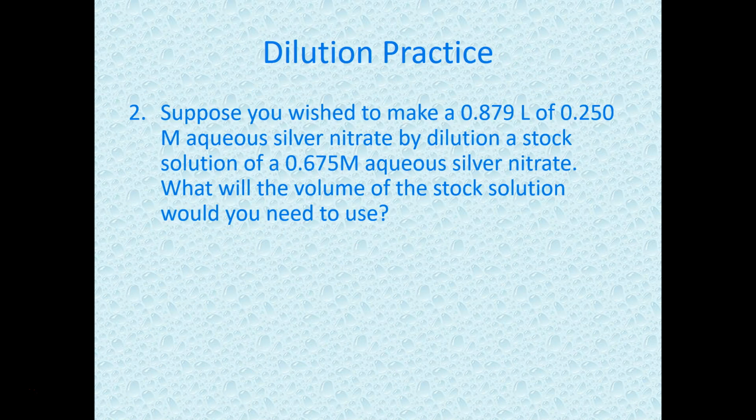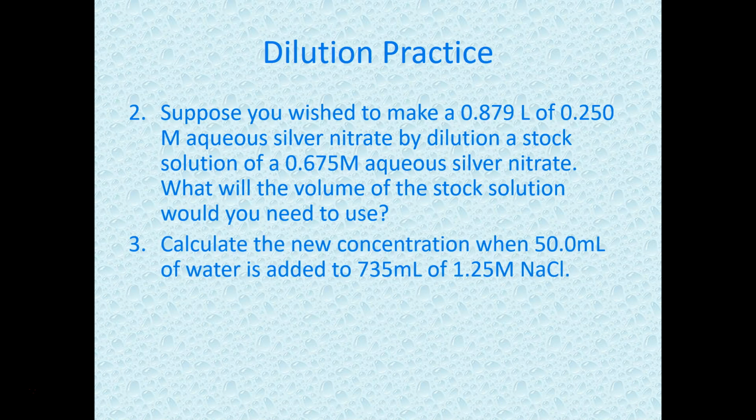So why don't you try some practice problems on your own? Suppose you wish to make 0.879 liters of 0.250 molar aqueous silver nitrate by dilution of a stock of 0.675 molar aqueous silver nitrate. What volume of the stock solution would you need to use?